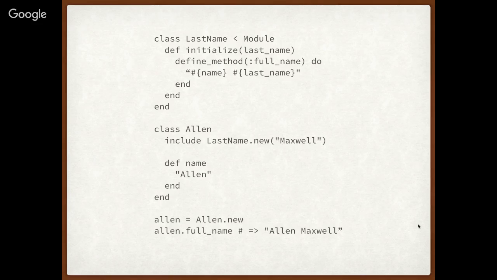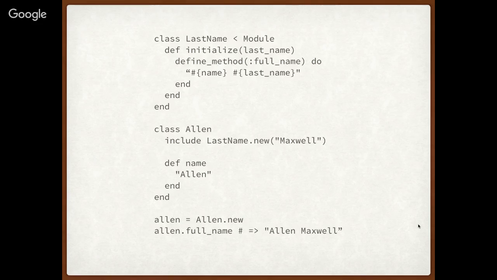So what if I do this? I make a class LastName, and I inherit from Module. And in that initialize for Module.new or LastName.new, I define a method of full_name, and I say, hey, full_name is name plus space plus last name. And then I have a class named Alan, because what a great name for a class.